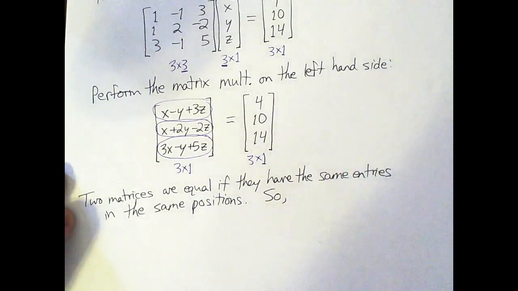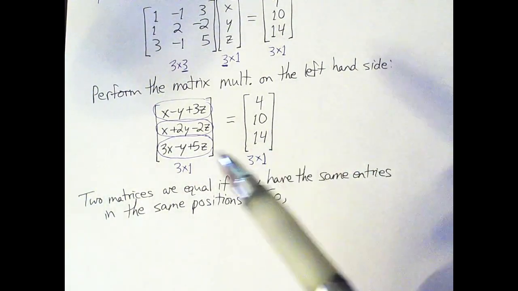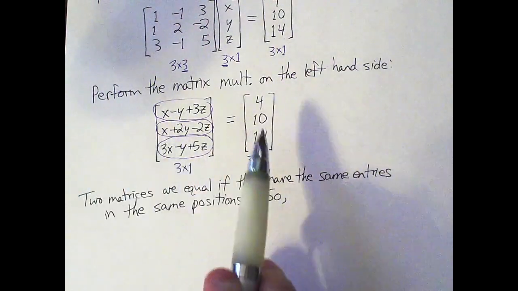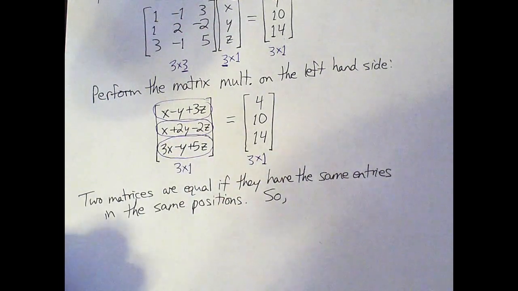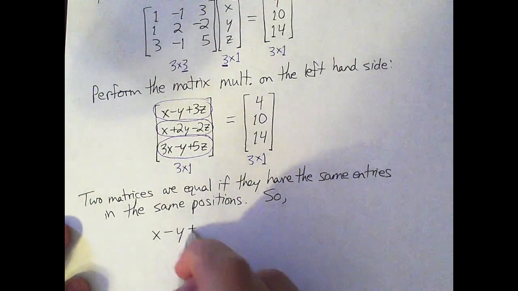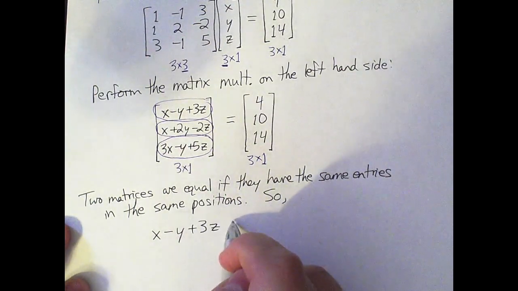So the first entry of the thing on the left has to equal the first entry of the thing on the right. And the second entry has to equal the second entry, and the third entry has to equal the third entry. So I'm saying that x minus y plus 3z must equal 4.